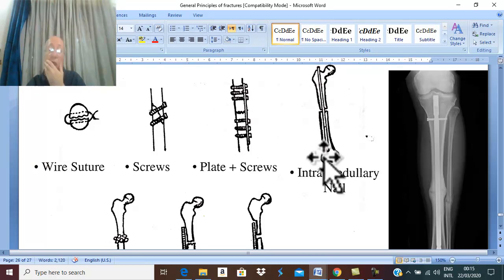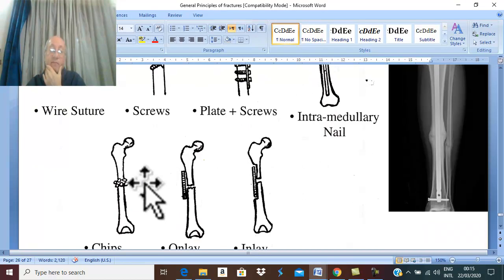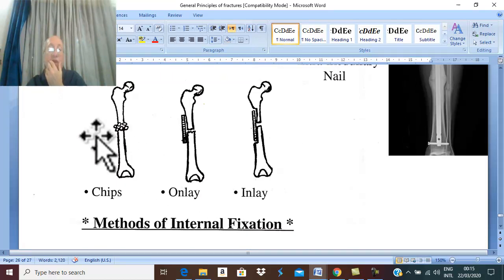These are the methods of internal fixation: wire suturing, screws for oblique fracture, plate and screws for transverse fracture, intramedullary nail. Or we can use with all these methods what is called bone graft, to accelerate healing. Bone graft may be in the form of bone chips, or part of a bone, a plate of bone. A plate on the outer surface of the bone is called onlay graft, or the graft inside a groove in the bone is called inlay graft. What is the source of autogenous graft?